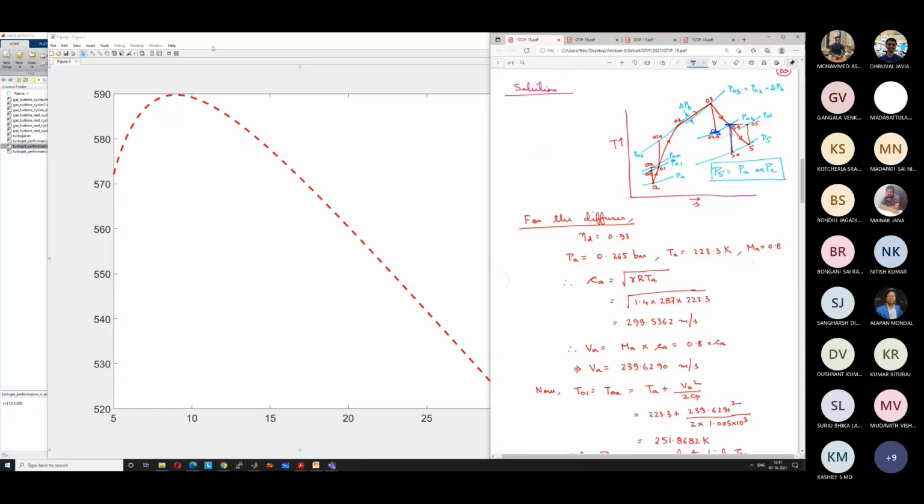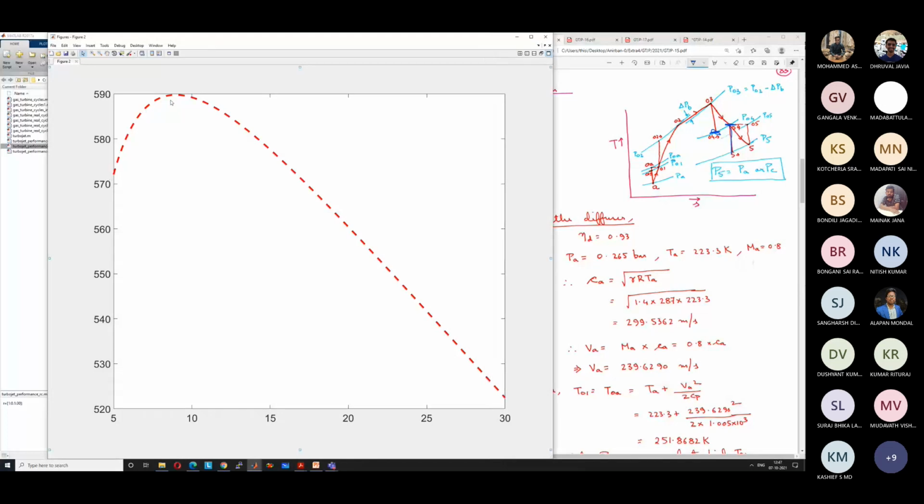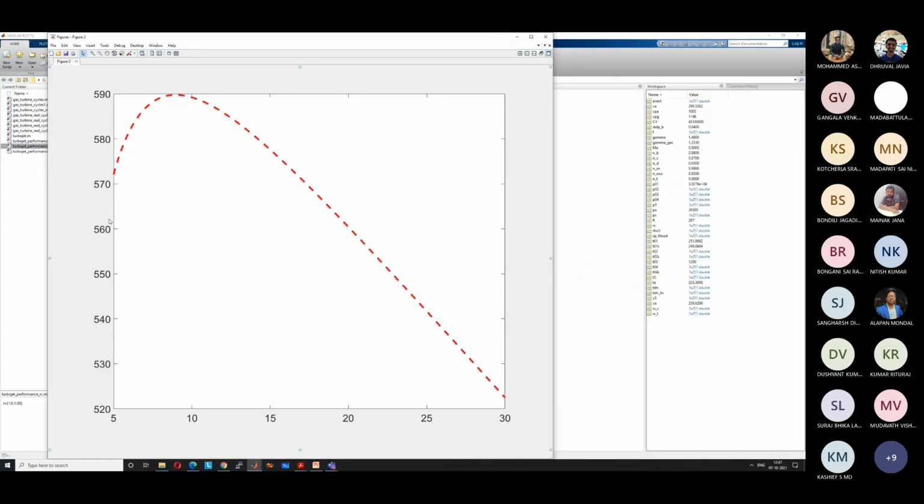So finally, the output is like this. There is an optimum value at which you get the maximum thrust. Not much variation is occurring, it's only from 520 to 590, but there is an optimum value. So this is how specific thrust versus RC varies.